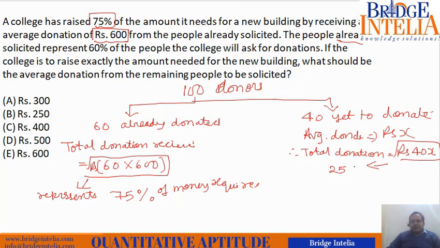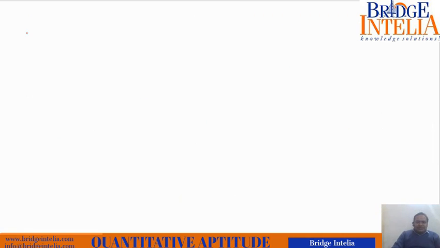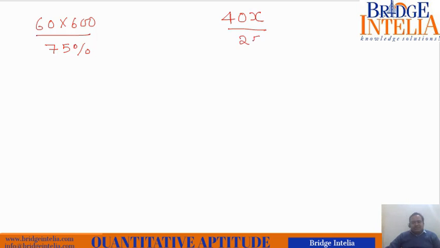So if you take the ratio of these two amounts: 60 people each donated 600, so this represents 75%. On the other hand, 40 people each donated rupees X on an average, so this is the total donation from this group, and this represents 25%.